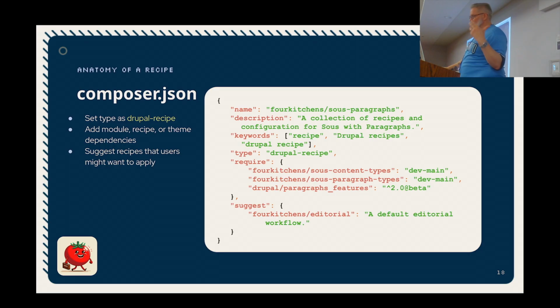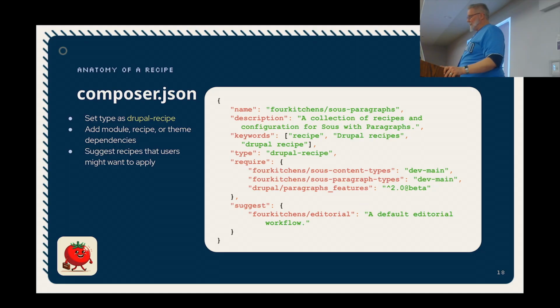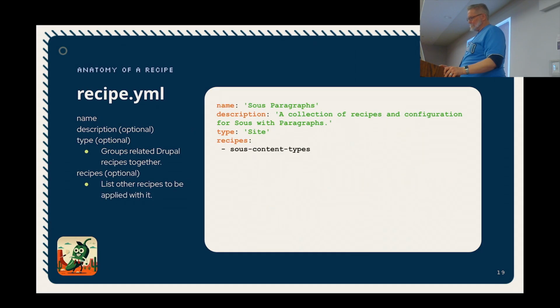Could be other recipes, other modules that might extend the capabilities provided by your recipe. Right now, this only shows up on the command line at the very end of applying your recipe, but there is maybe prompt people to apply those additional suggested projects as well.